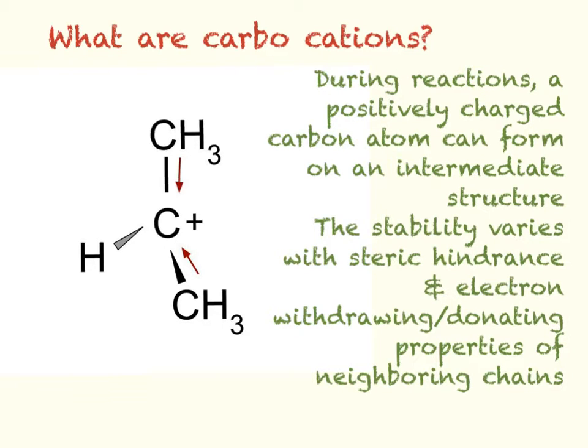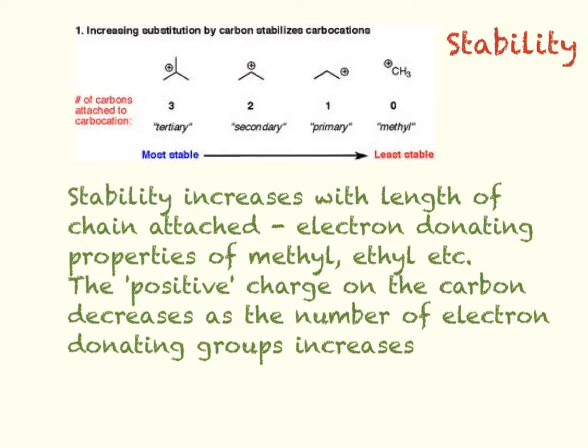Now the effect of this is going to make it a very, very stable structure. If however we only had the hydrogens, and we see we have one hydrogen there, if we only had hydrogens around it, hydrogens are not really electron donating structures, so the stability of our carbocation will be affected.